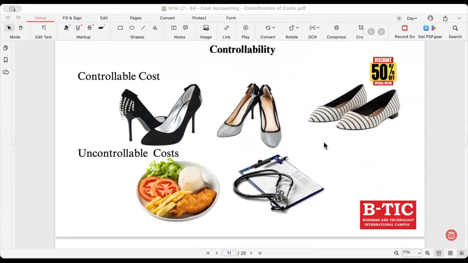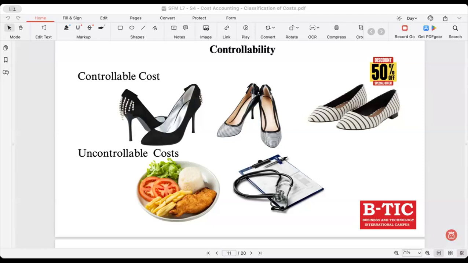Controllable costs are the costs that can be controlled by an organization at a certain level. So a controllable cost can be controlled by the organization to a certain extent.